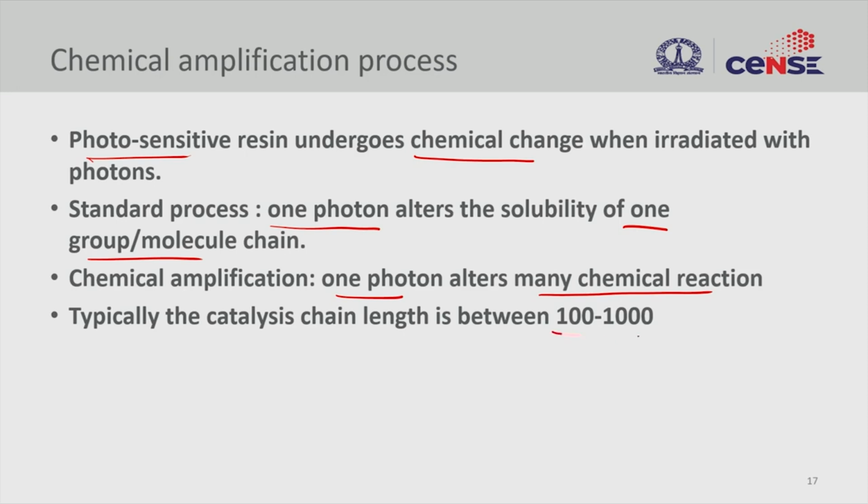So typically it can delink about 100 to 1000 chains, right? So this is what chemical amplification is all about. So you don't need a lot of photons, so you need less energy illumination, so that you can delink a lot of this.